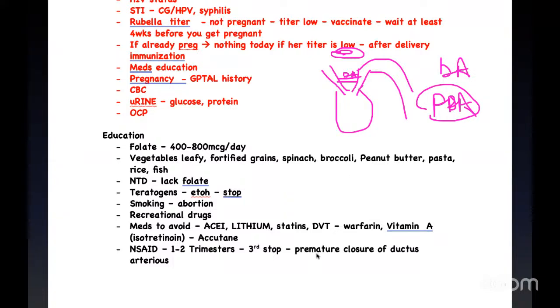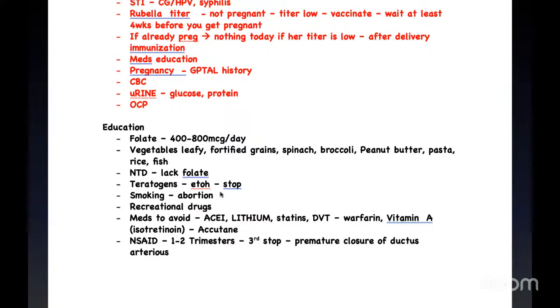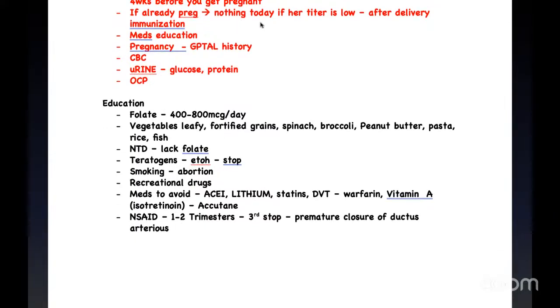It's usually NSAIDs. Therefore, if you are born with PDA, we give you NSAIDs. So mommy should avoid taking NSAIDs during the third trimester to prevent premature closure. That is the explanation. If you want to know more, I have a free congenital heart disease video on YouTube that explains how the mechanism happens.